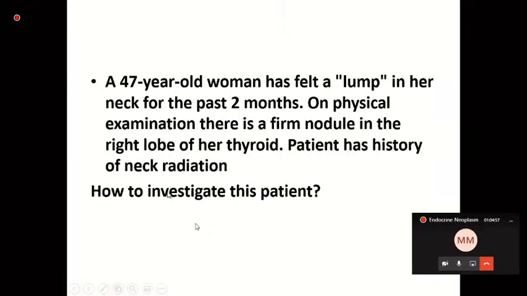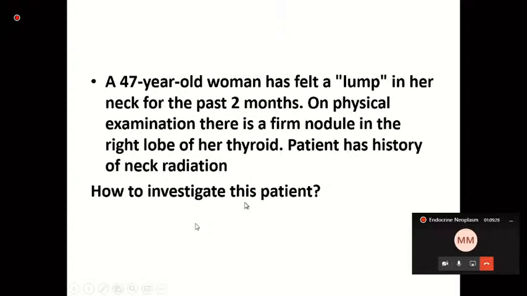What type of tumor? Carcinoma. Yeah, what type of carcinoma has a history of neck radiation? Malignant. Yeah, I know malignant. What type of malignant? Okay, I will show you later.